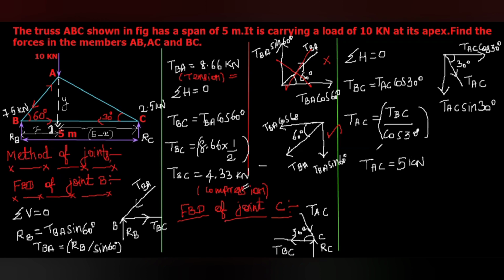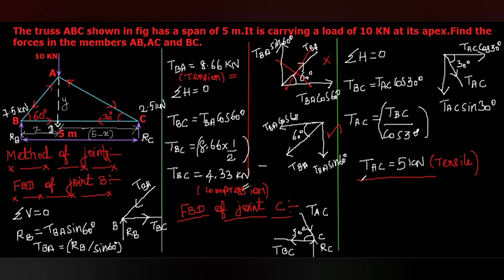And here you can see from the direction at the point C, it is acting inwards to the C. Same at point A also, it will act inwards to the joint A. So the force in the member AC will be tensile in nature.